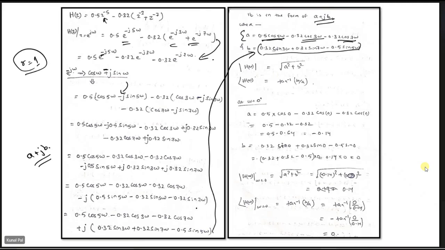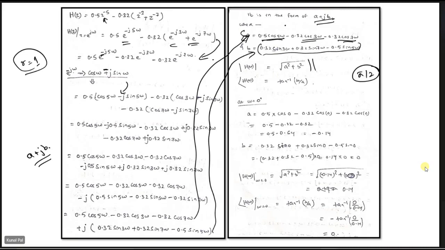And the real part is this a value. Now, modulus of H(omega) would be the square root of a square plus b square. Suppose I give you omega equals pi by 2.